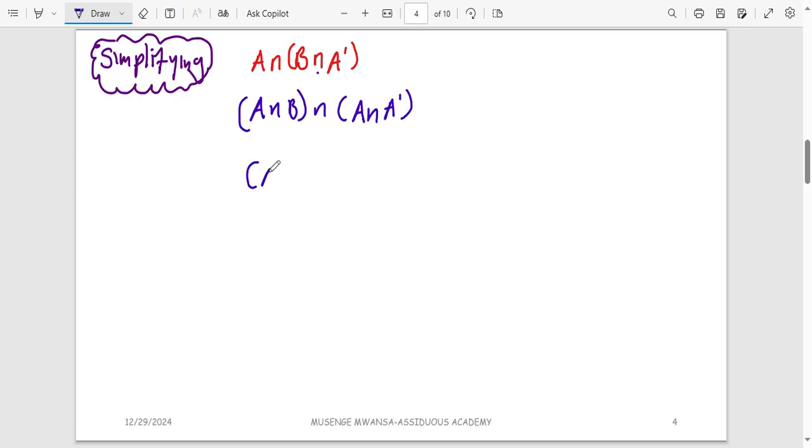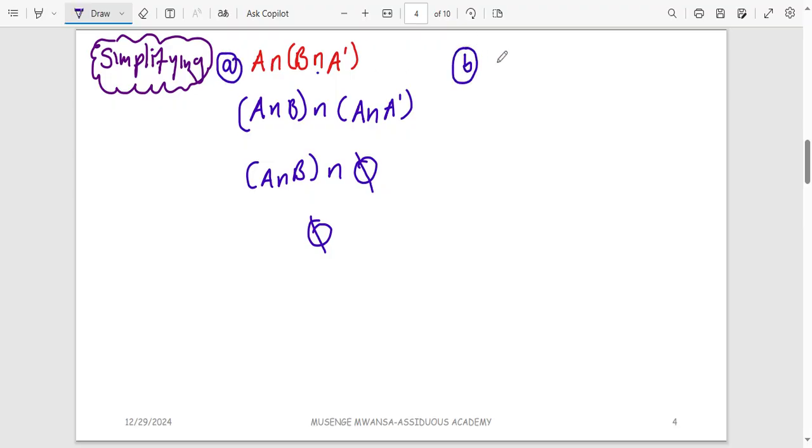Remember what we said, A intersection A complement is an empty set. And any set intersection an empty set is an empty set, because there's nothing common between any set and an empty set. So that is the answer there.